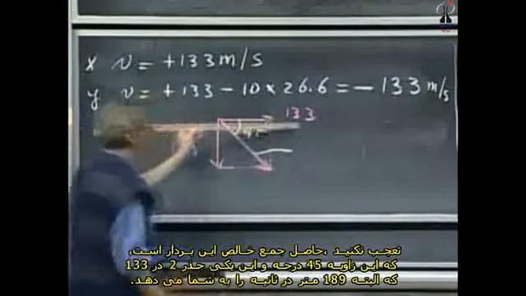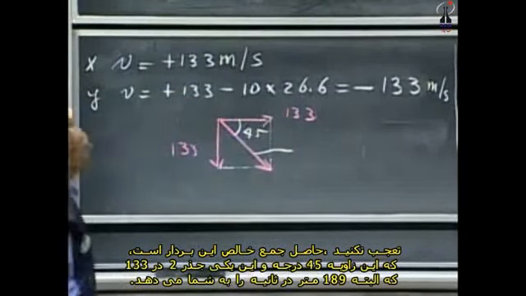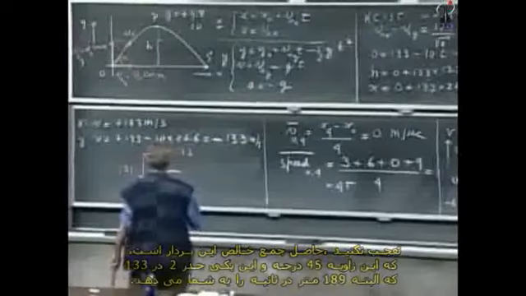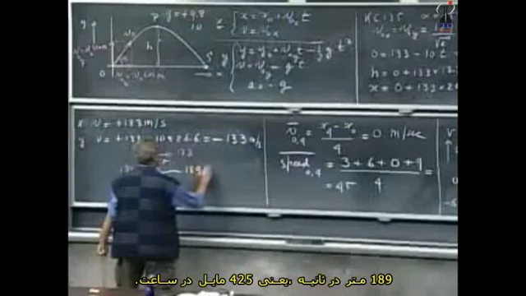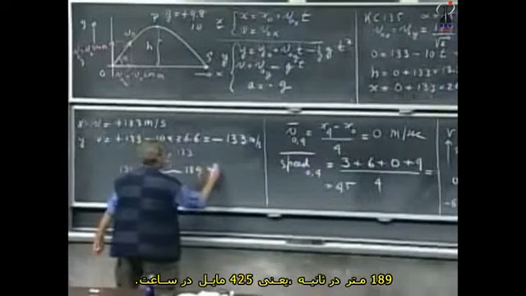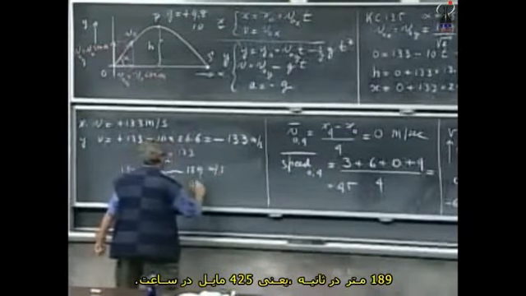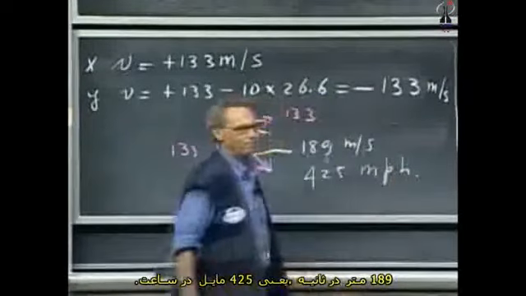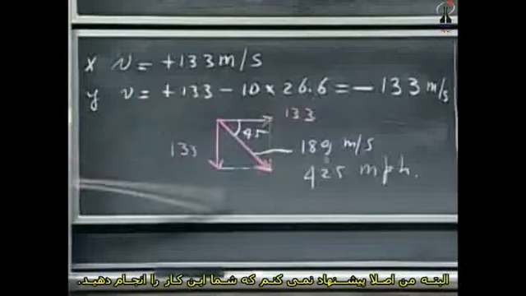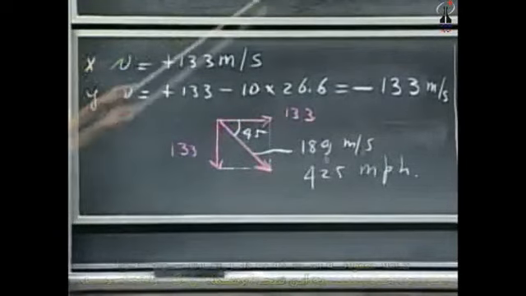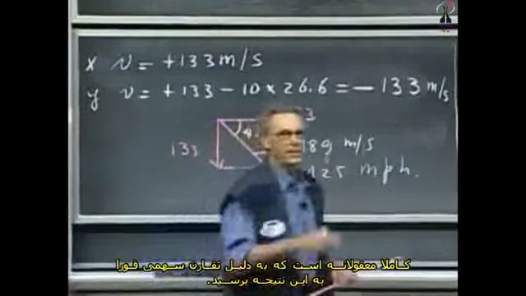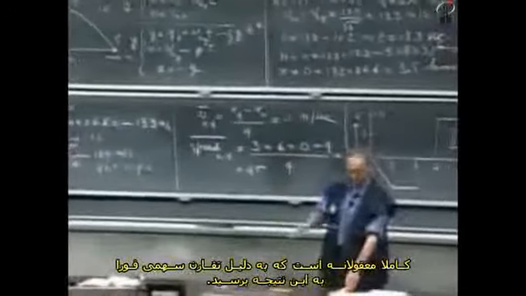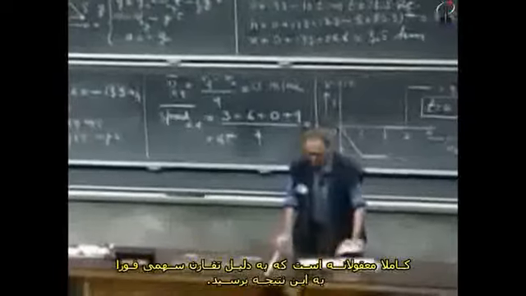And this one is the square root of 2 times 133. And that, of course, gives you back your 189 meters per second. And that is 425 miles per hour. I'm not recommending that you would do this. Of course, it is perfectly reasonable to immediately come to that conclusion because of the symmetry of the parabola.